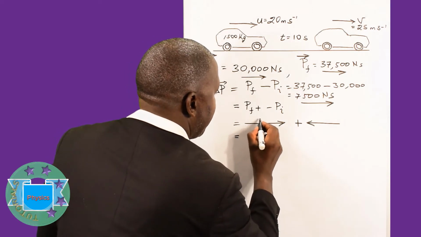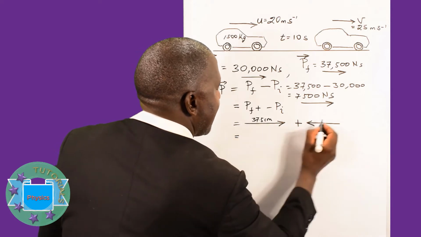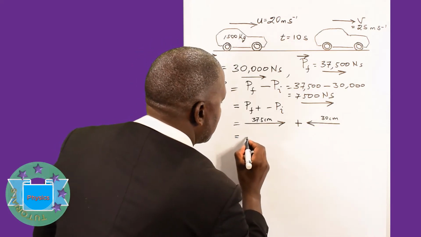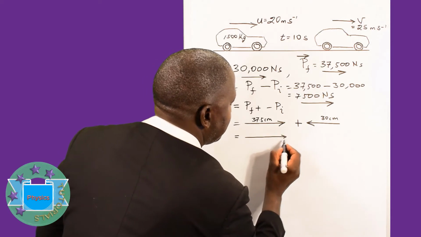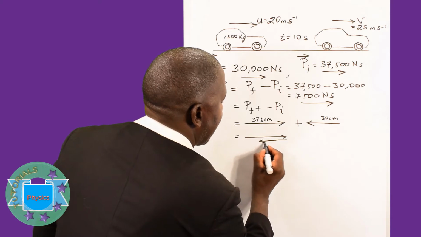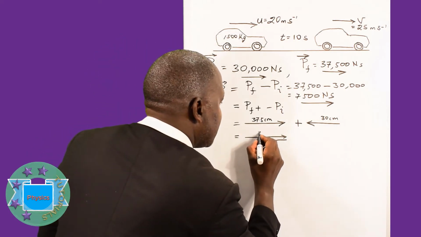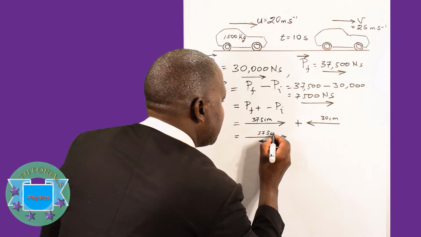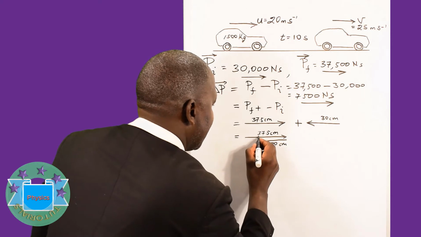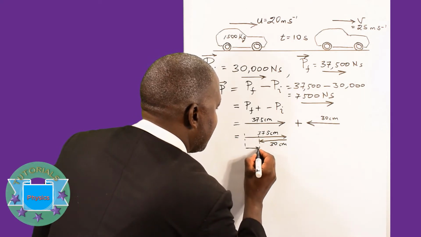If this one is 37.5 centimeters and this is 30 centimeters, then once I have that 7.5, and then I have this, I connect the two head to tail, then definitely this represents the resultant.